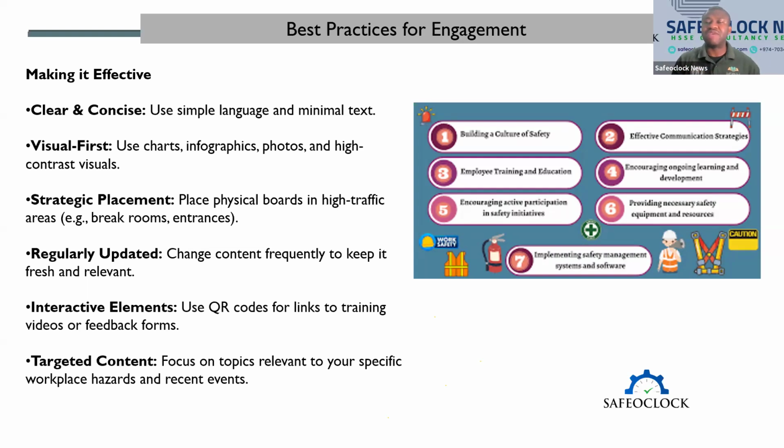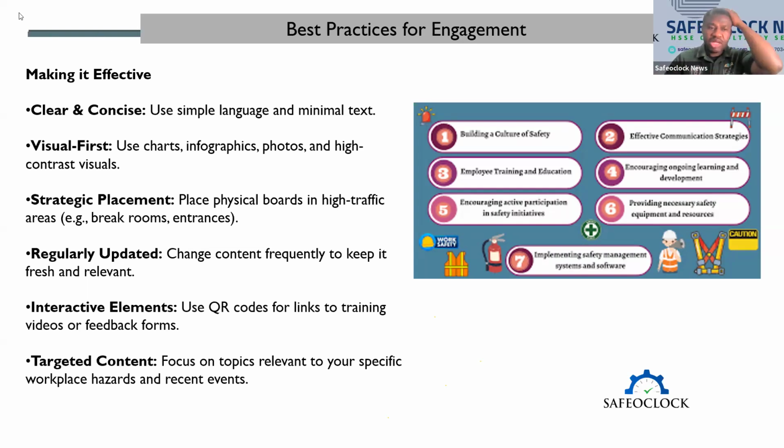Or at the safety induction room, or maybe at the security gate, the waiting area, the reception area. So, these are the locations where we have people often. So you'll be strategic about the locations where you place your safety bulletin boards, okay?